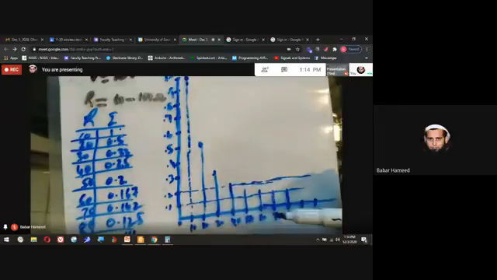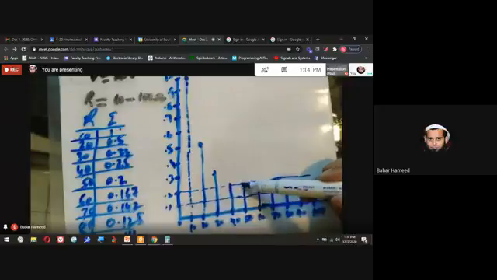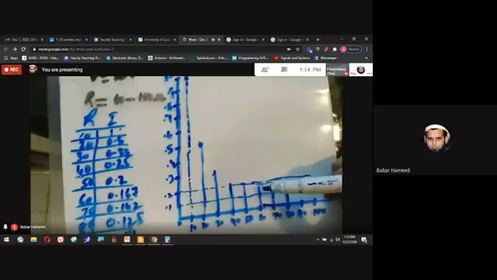So for 50 it was 0.2, and here it is 0.167, here it is 0.142, and here it is 0.1.